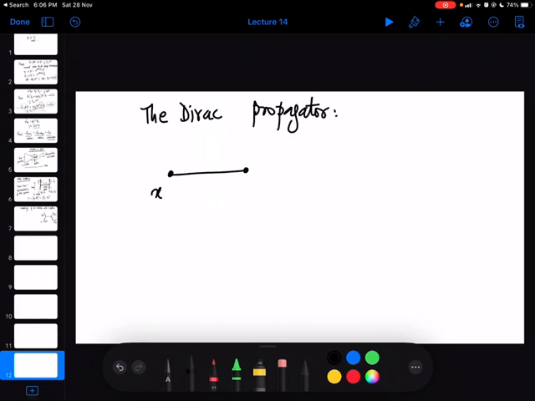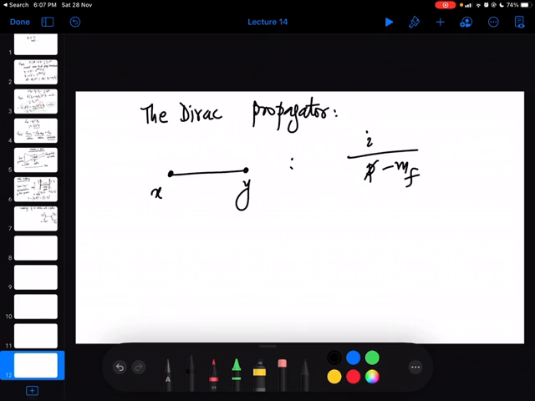This is again the exchange of a fermion between two points x and y, and the momentum representation of this would be i over P slash minus mf.